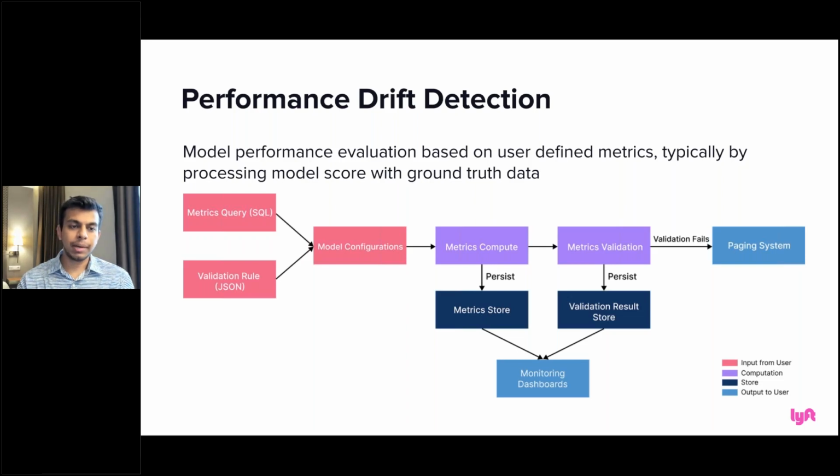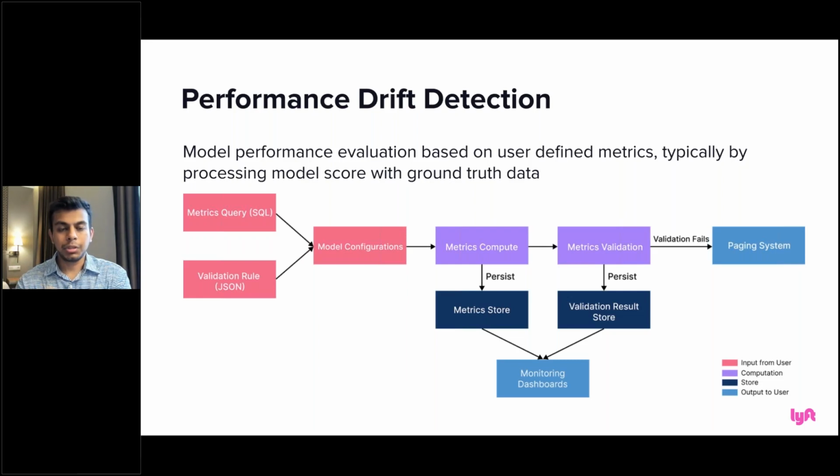The first input is the metrics query. So how do you get the metrics from Lyft's databases is one thing that we want to get from users. The second is the validation rule, which is when should the alerts fire.